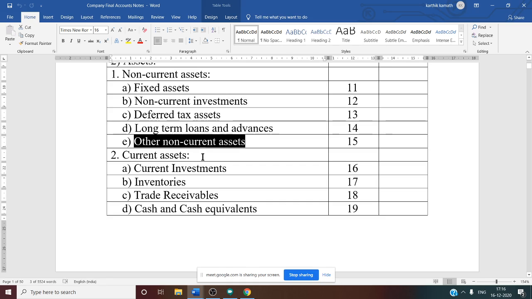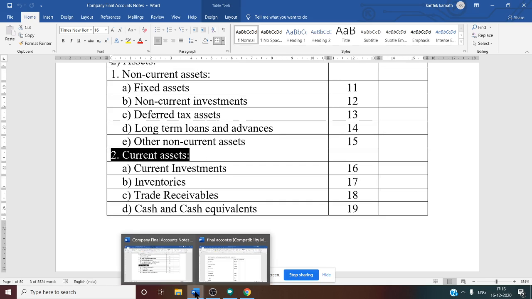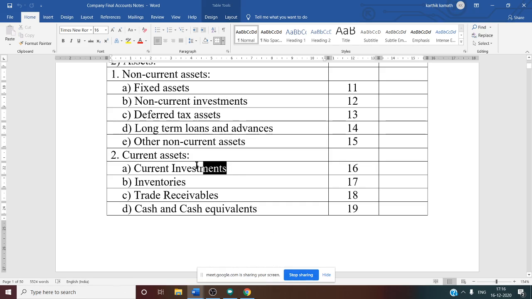Then one more category under asset is current asset. Current asset means it is short term in nature, usually less than 1 year. Under current asset, we have to record current investment, that is usually investment for less than 1 year. Inventory, where we write the closing stock balance. Trade receivable, where we write the debtor balance.